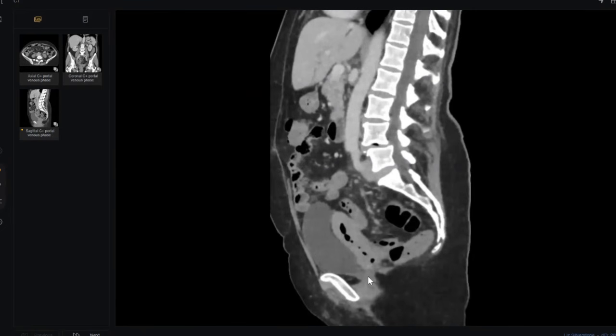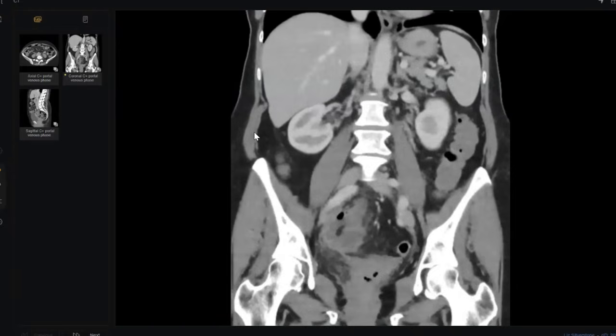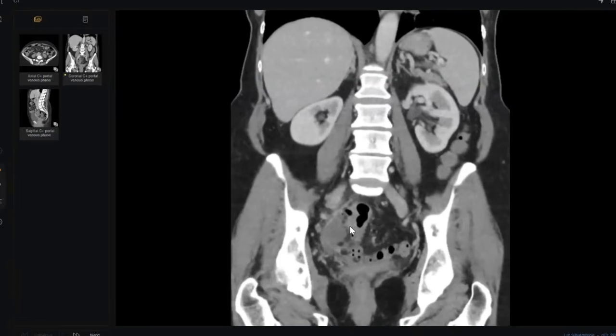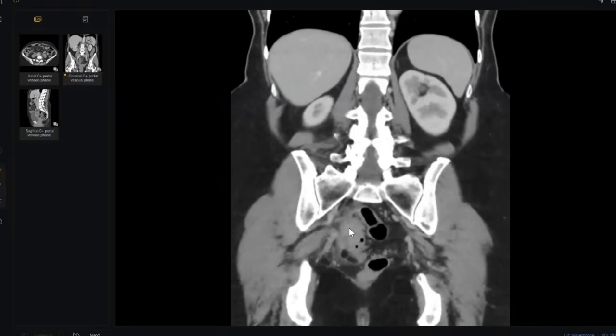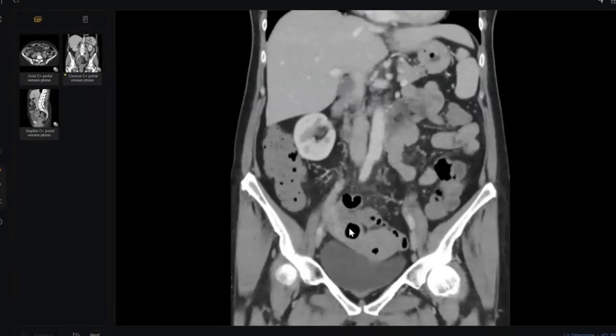Endo uterine air lucency. Tell me, please, where is the exact site of the fistula? This is perforated diverticulitis with abscess. Okay, but how does it bring the air inside the uterus?